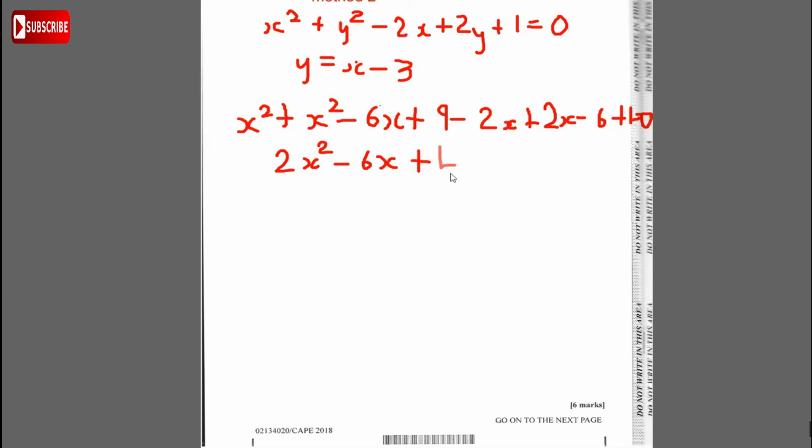This is equal to 0. And then we divide through by 2 to solve a regular quadratic. So we get x squared minus 3x plus 2 is equal to 0. And then you could factorize it.